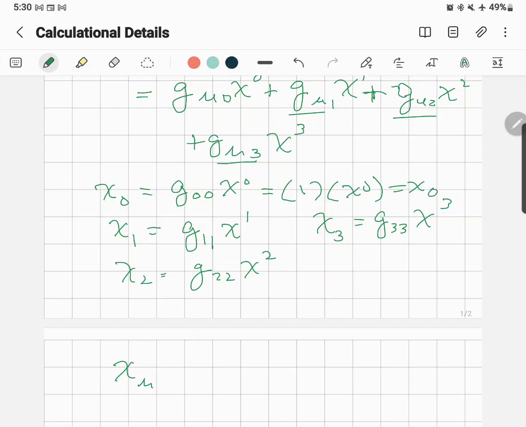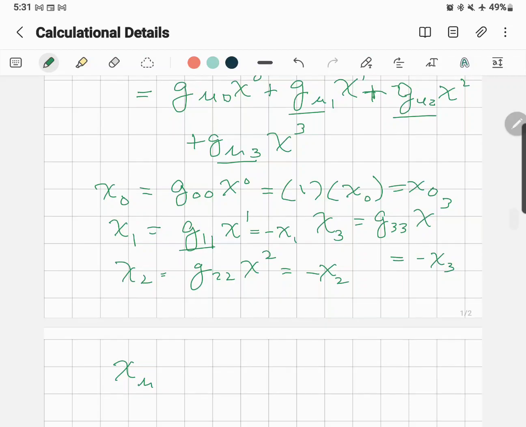This is x0 because it will contract, this one will carry the index below, so this will now be 0, and this one is -1, and so you will have this one to be negative x1, and this is equal to negative x2, and then this one is negative x3.